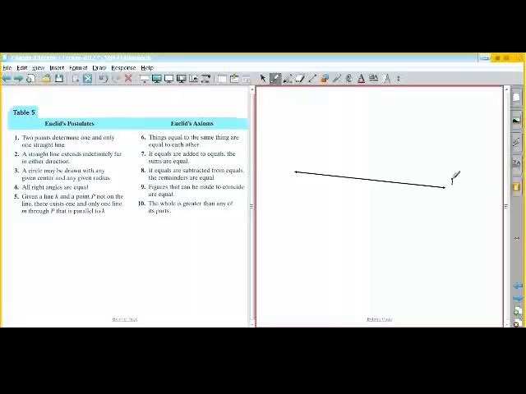This is line K. Given a line K and a point P not on the line, there exists one and only one line M. So there's another line M through P that is parallel to K. So it's basically saying there's a unique line parallel to K that goes through this particular point P.